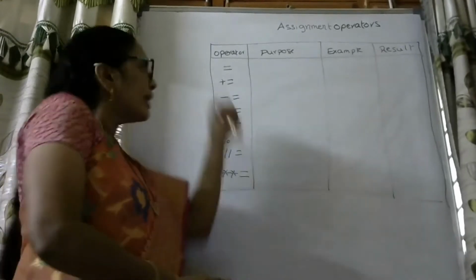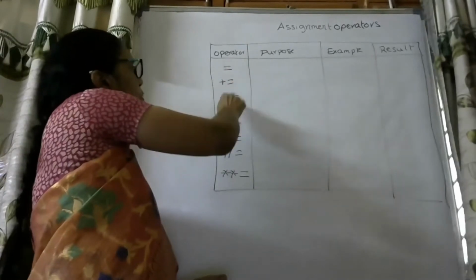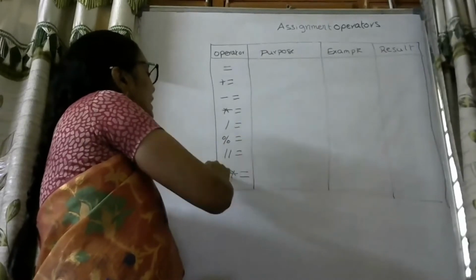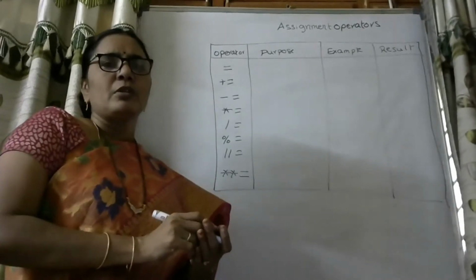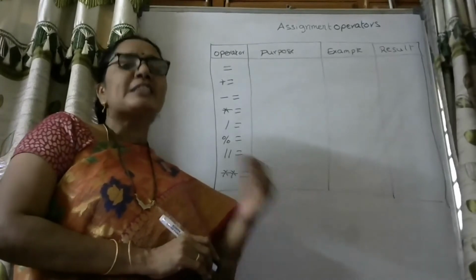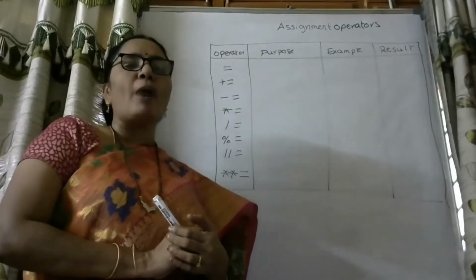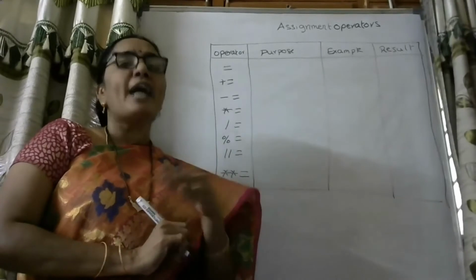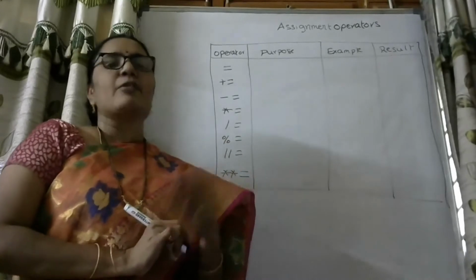So, what are the different assignment operators that you can use? Equal to, plus equal to, minus equal to, star equal to, slash equal to, percentile equal to, double slash equal to, double star equal to. The meaning of the arithmetic operators is the same, and the meaning of the equal to operator is assign. So when I combine, the purpose will be add and assign, multiply and assign, divide and assign, like this.